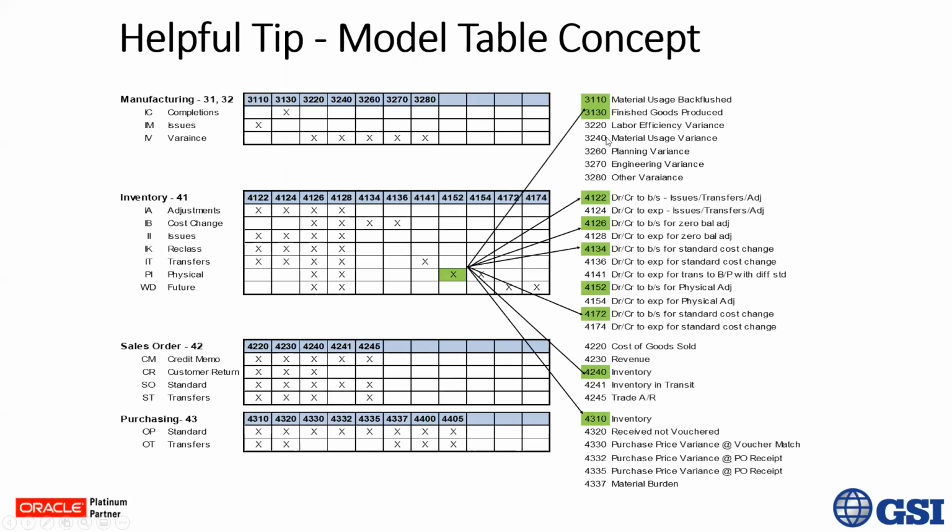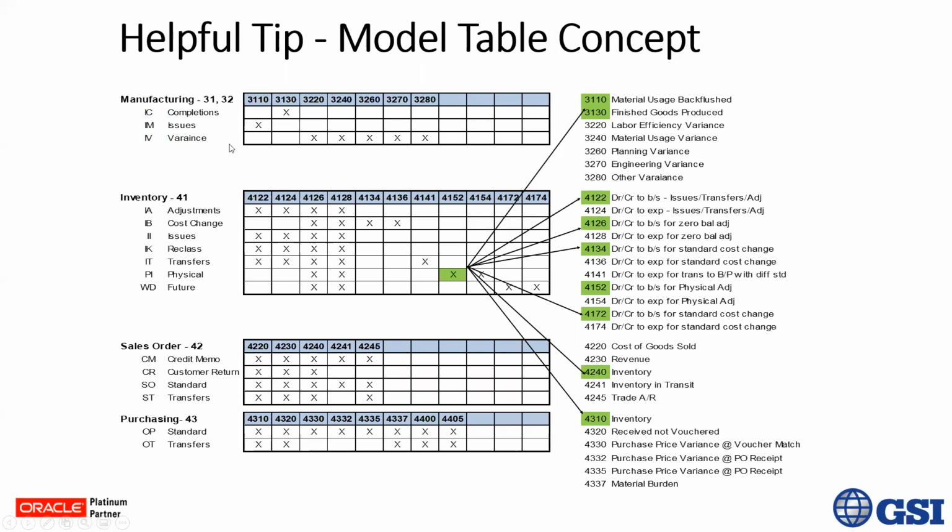The same concept applies here. We look at an inventory table that we normally use for physical adjustments for PI transactions, which is table 4152. This chart looks busy, and it is, but it gives you an idea of what DMAAIs are invoked for what transactions.